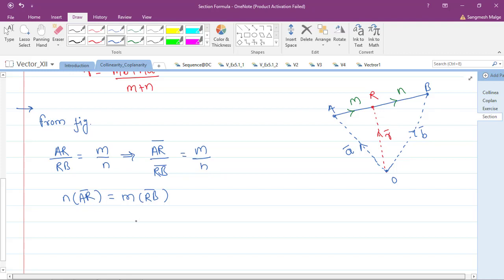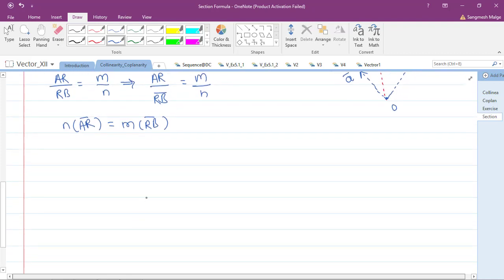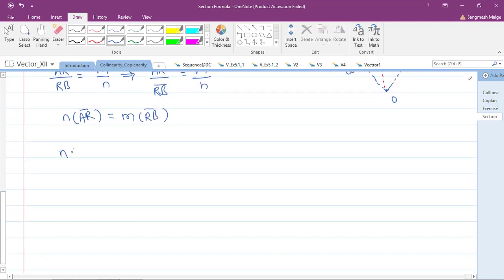Okay, now let's open this AR bar and RB bar. How you can write AR bar, which is nothing but R bar minus A bar, equals m into bracket B bar minus R bar, as the position vector is given. So let's open this: n R bar minus n A bar equals m B bar minus m R bar.